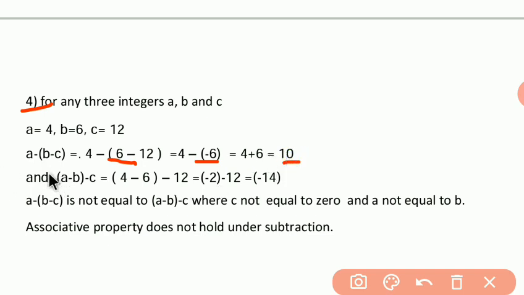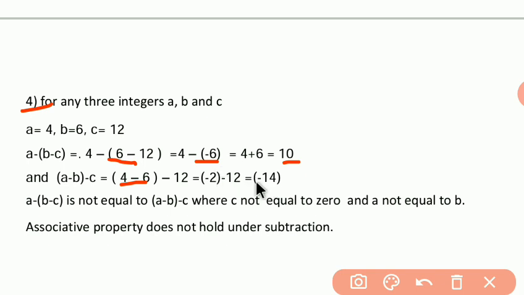Now we will interchange the places of brackets. So bracket a minus b, minus c, bracket 4 minus 6, minus 12. First we will solve this. Again plus minus, minus. So 6 minus 4, 2, and the sign will be according to the bigger number, means minus 2, and minus 12. Then minus minus plus.